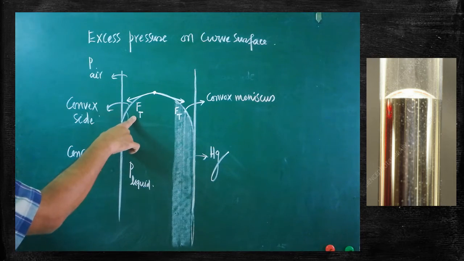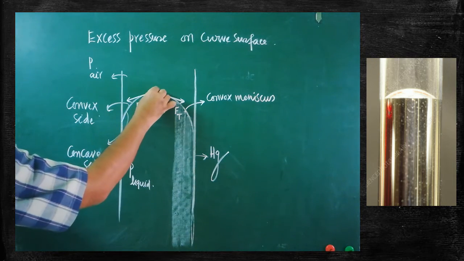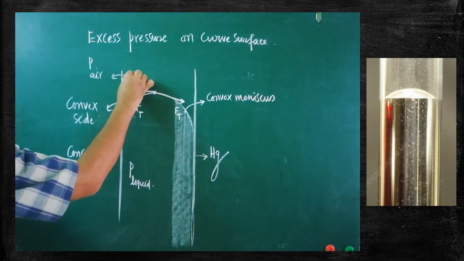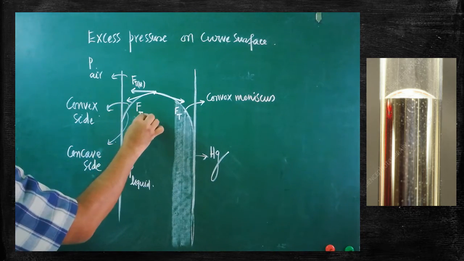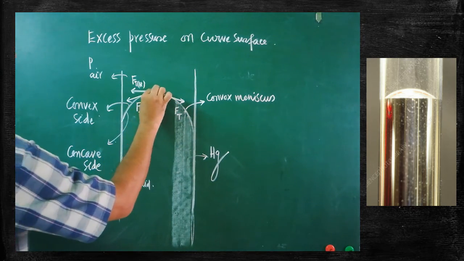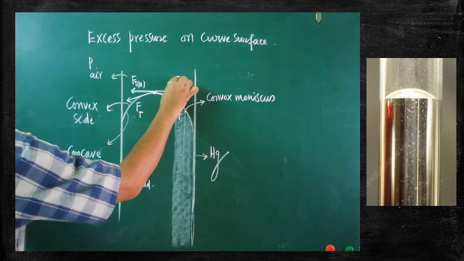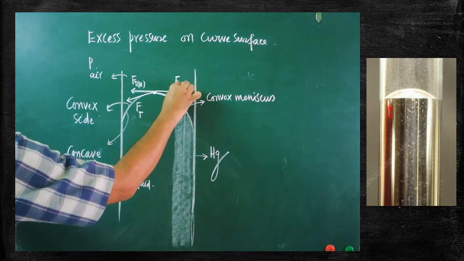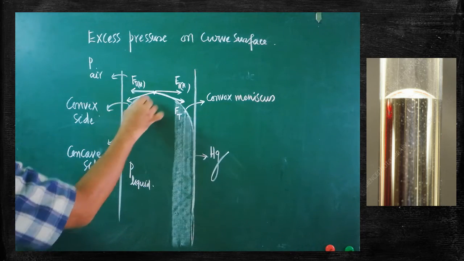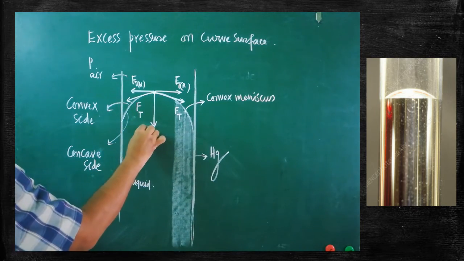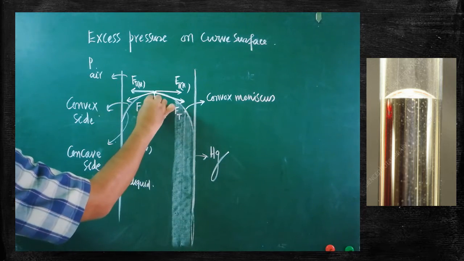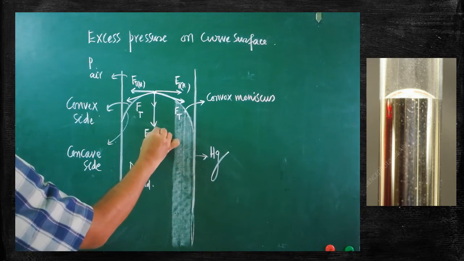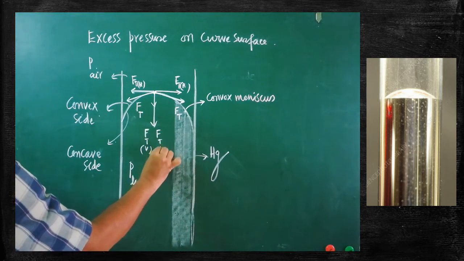This force due to surface tension can be resolved into two components. The horizontal component can be called Ft horizontal, and this force also can be resolved into a horizontal component, Ft horizontal. Its vertical component can be drawn in this direction, Ft vertical. Its vertical component can be drawn on the same line, that is called Ft vertical.